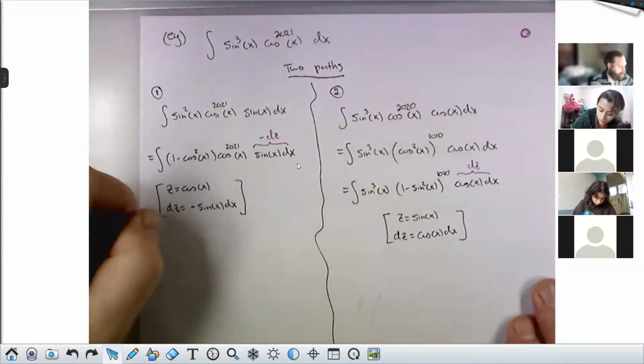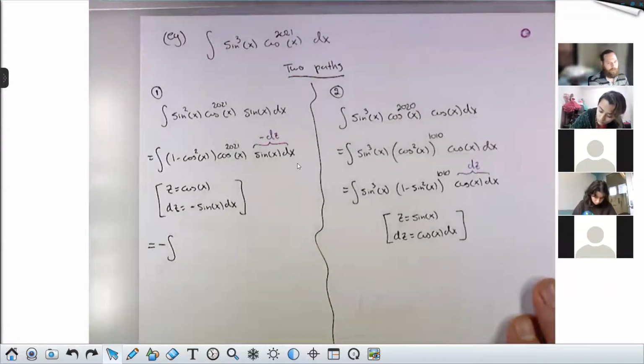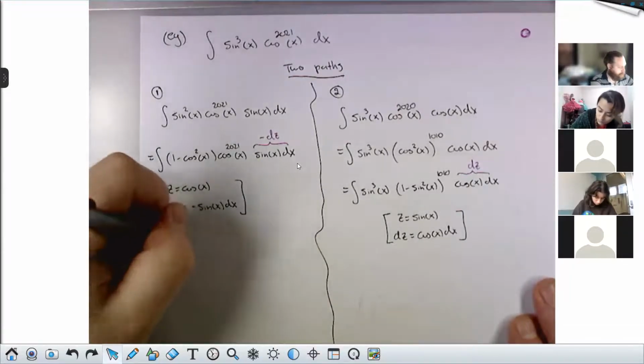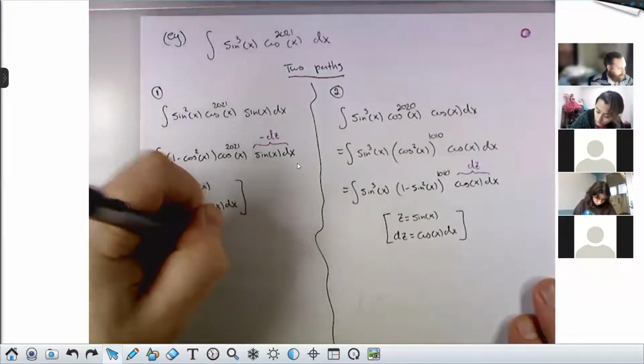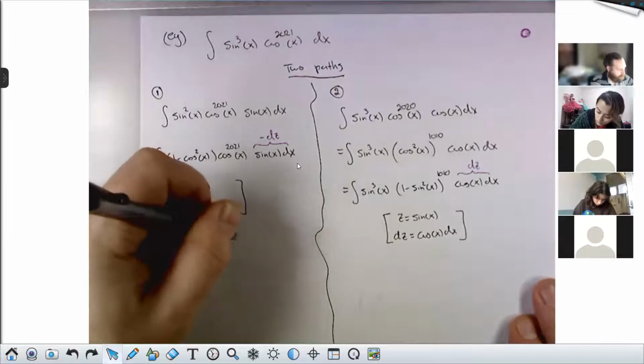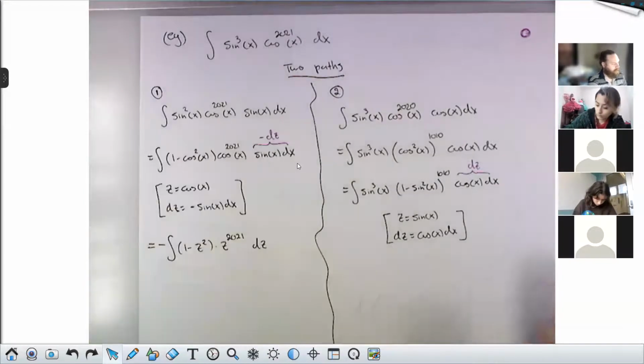So let's write down what we get. The first integral becomes negative, from the negative dz, the integral of 1 minus z squared times z to the 2021 dz.